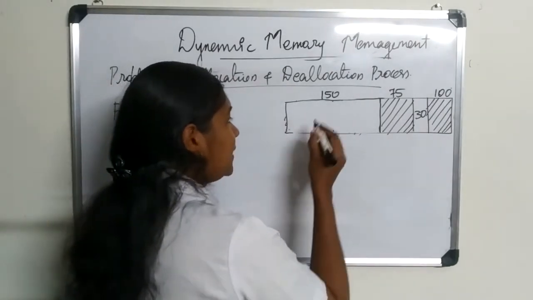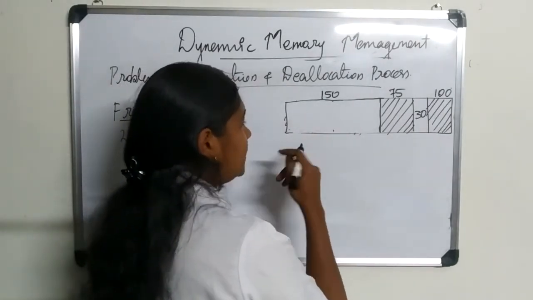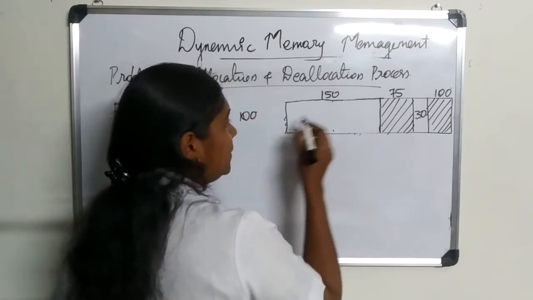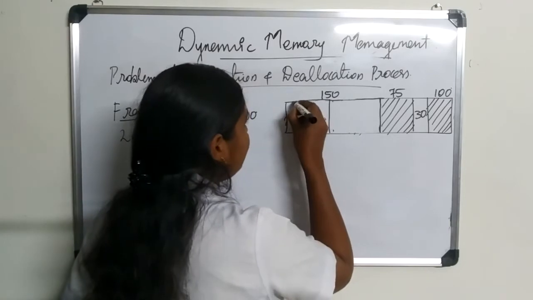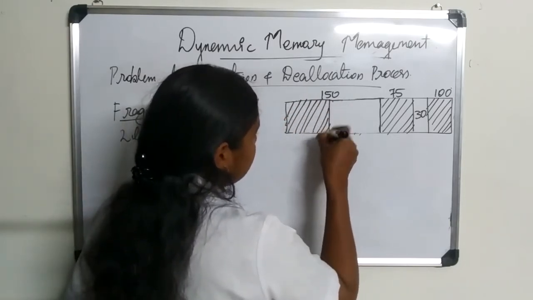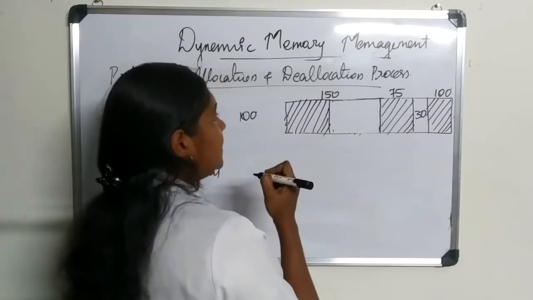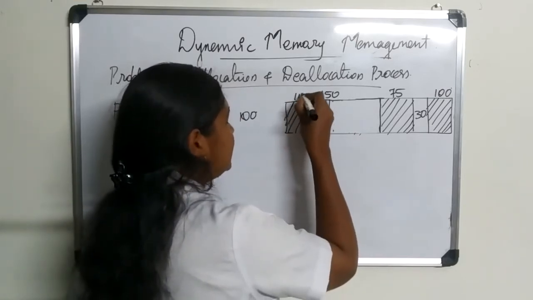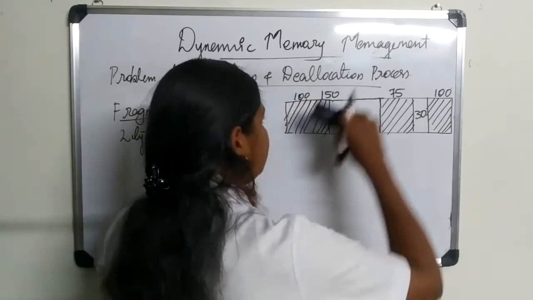Suppose a request of 100 bytes comes. The first 100 bytes would be allocated. Since 100 is already allocated, only 50 is remaining.